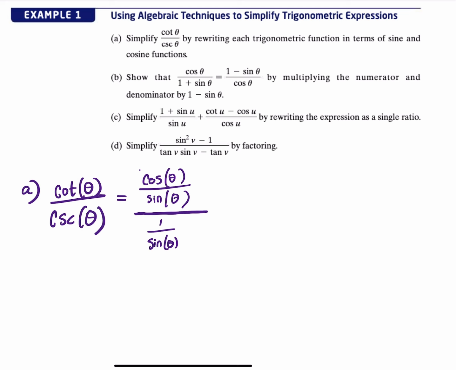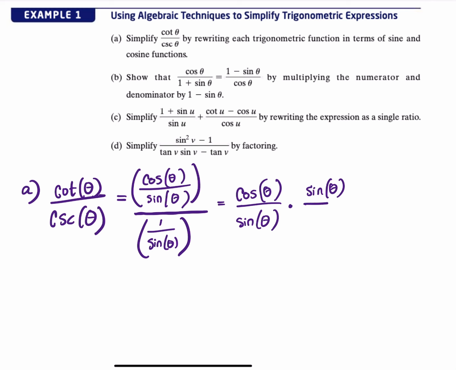So this looks more messy. It looks like we've made it more complicated. But notice we have a division of two fractions. When you divide two fractions, you flip the second one and multiply. So let's do that and see how things will reduce. We have the cosine of theta divided by the sine of theta. This will now be multiplied by sine of theta over 1.